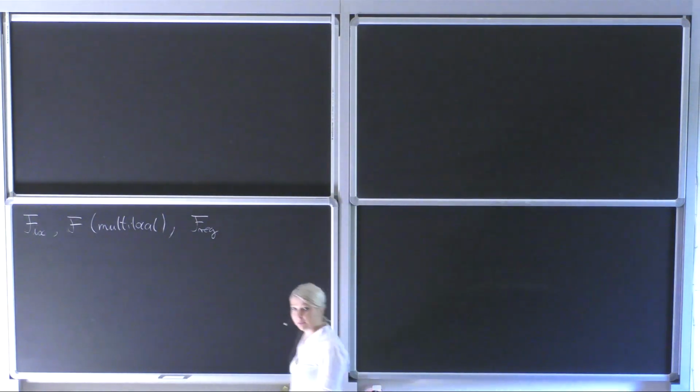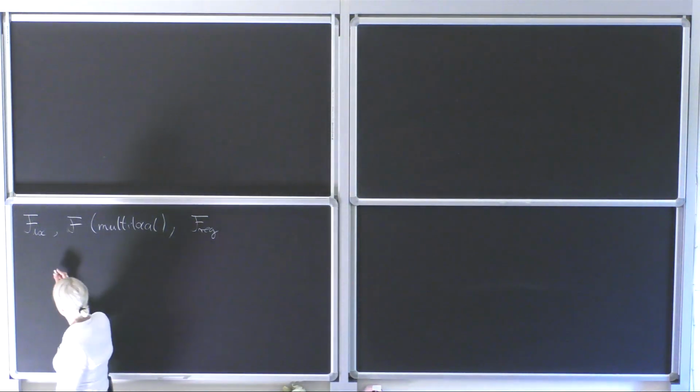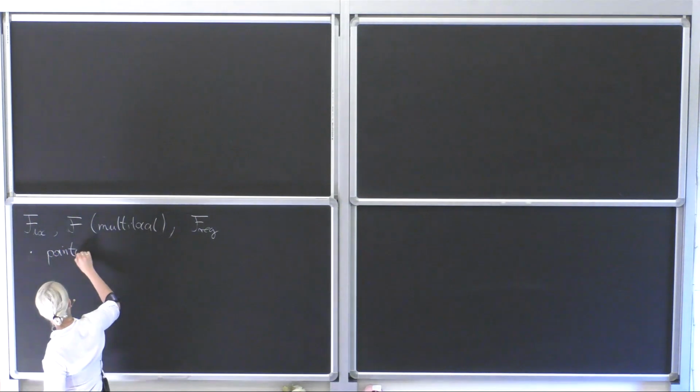Then I introduced some products. Actually, no, first I introduced the pointwise product. Then I introduced the star product, which was defined using something which corresponds to the two-point function.